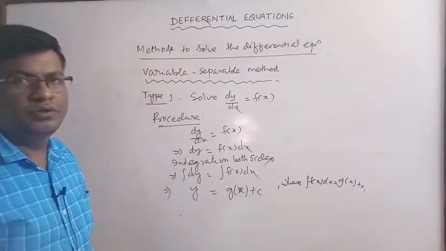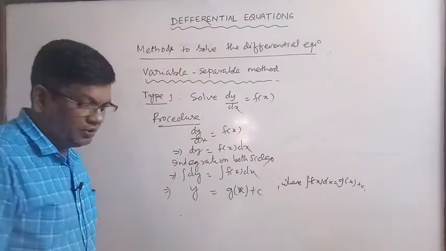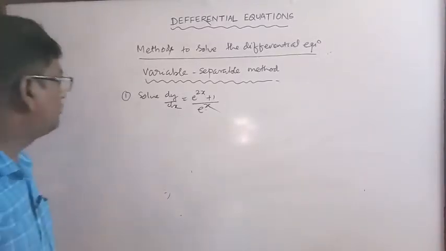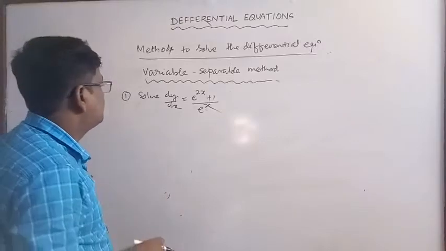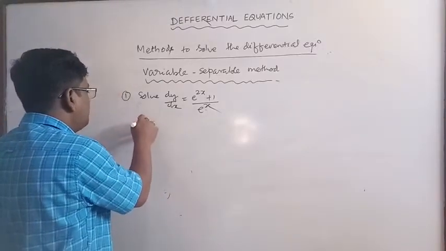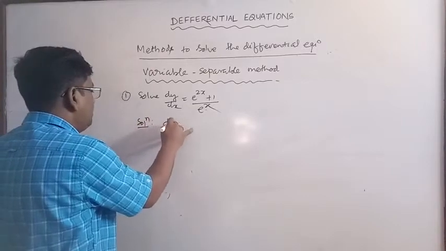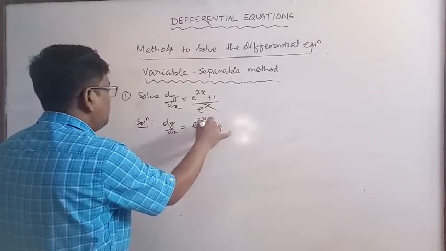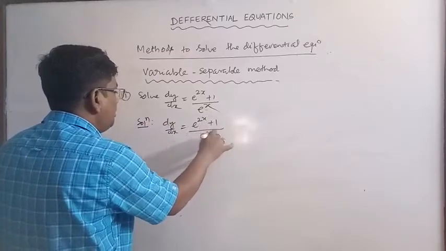Now one example from this. Solve dy by dx is equal to (e to the 2x plus 1) by e to the x. So the solution is: dy by dx is equal to (e to the 2x plus 1) by e to the x.